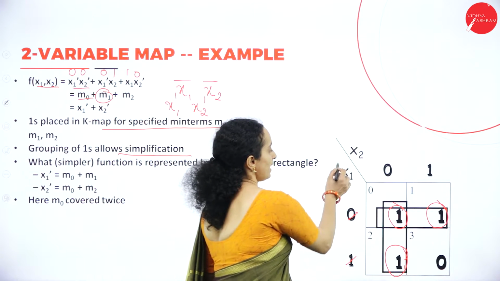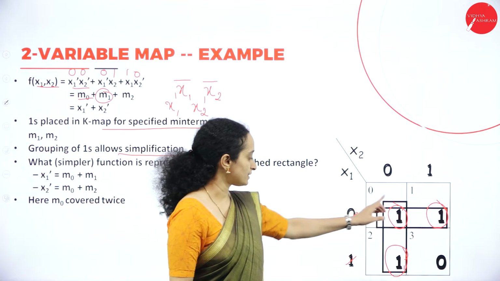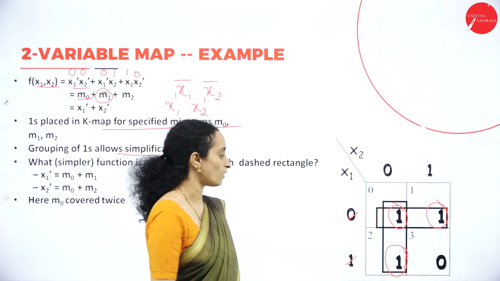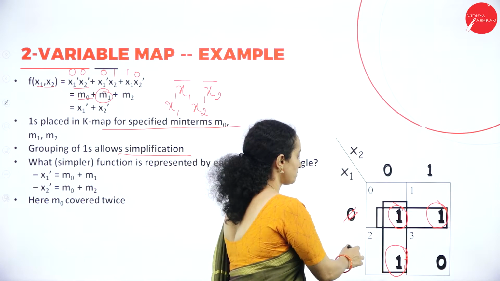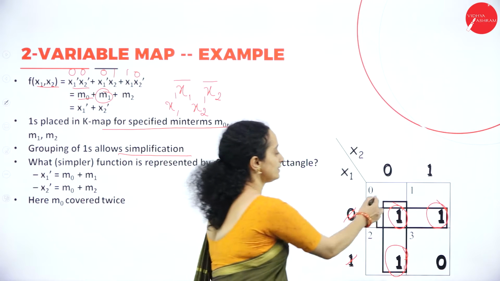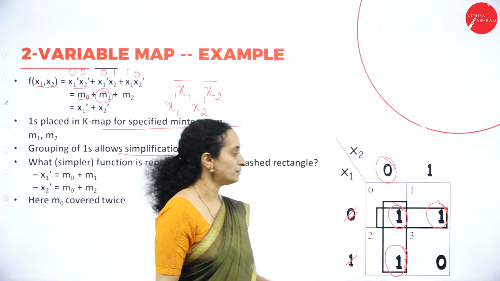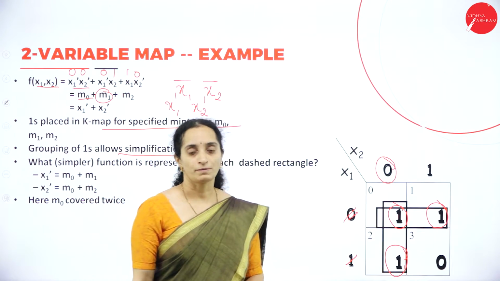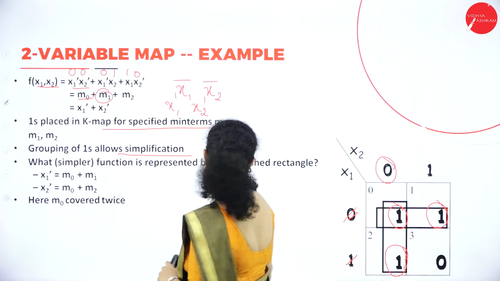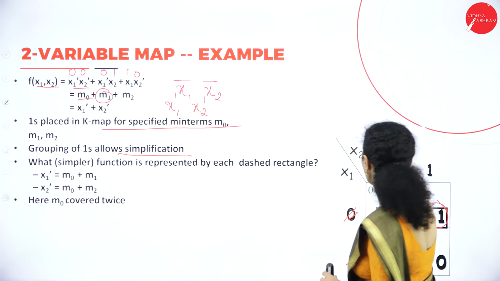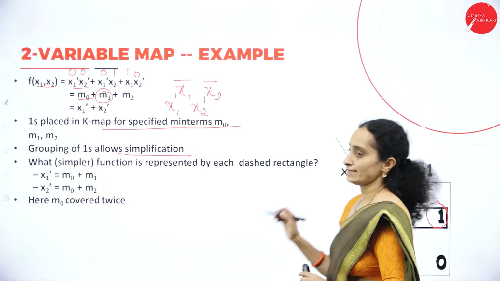In this group, the x1 variable is changing state, that is 0 and 1, complement and non-complement form, so x1 will be cancelled. What remains is the 0, so it will be in complement form, that means x2 dash.